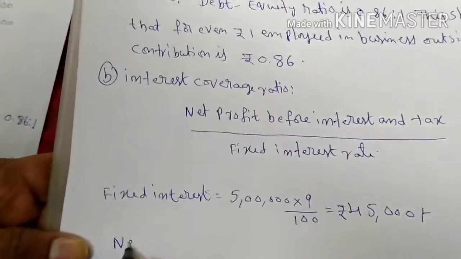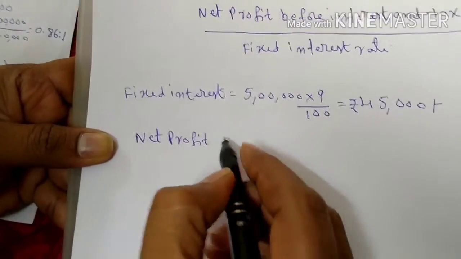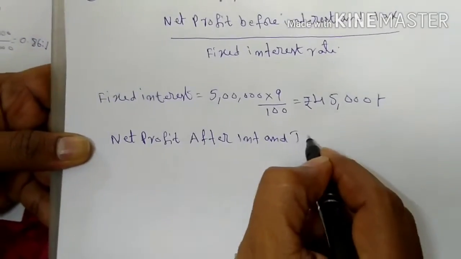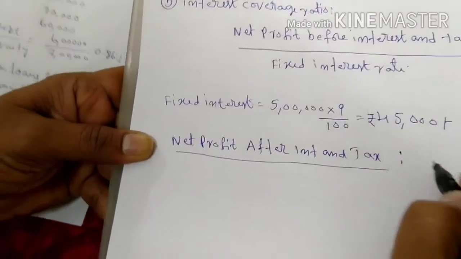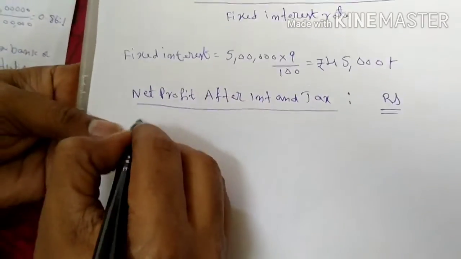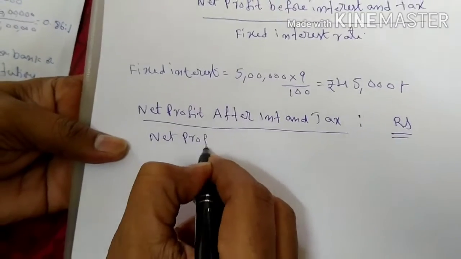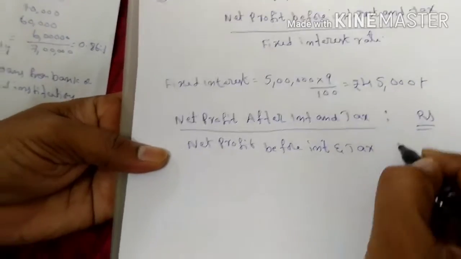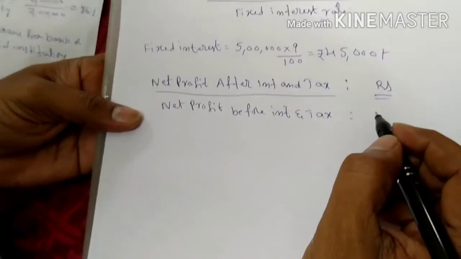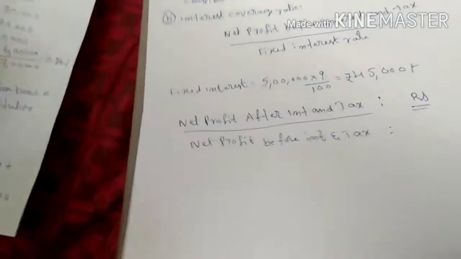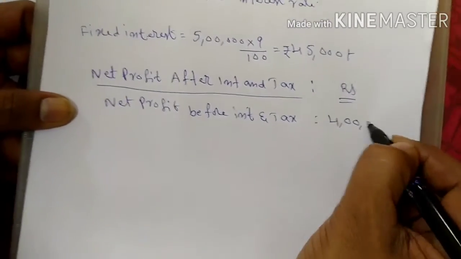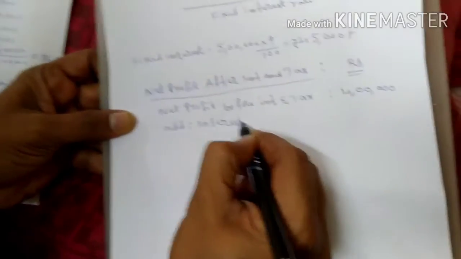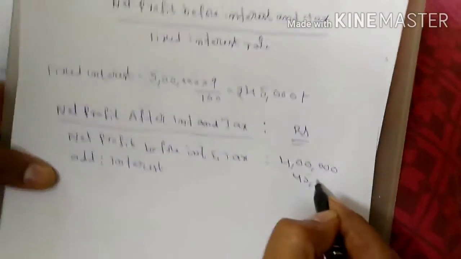Net profit after interest and tax calculation: 4 lakh rupees, add interest, here our interest is 45,000 rupees.